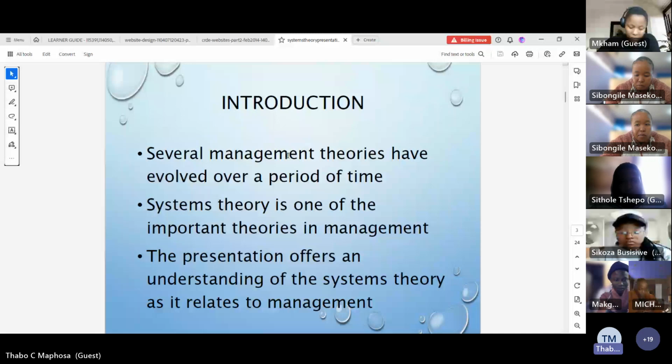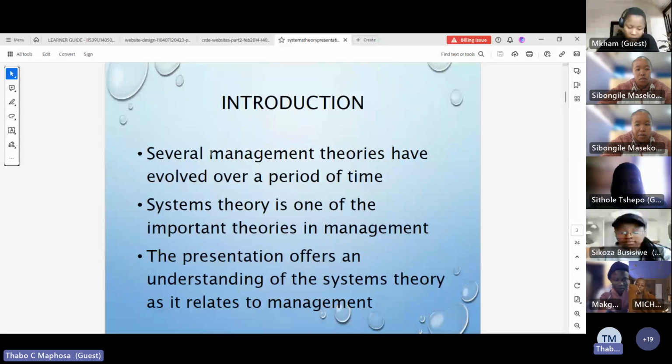I'm not going to send you this slide because it has to do with information systems, but from a different perspective than the IT one. So I just wanted to show you in general terms what we're talking about here.